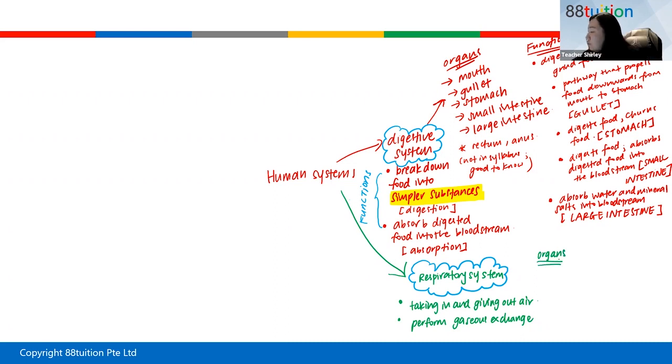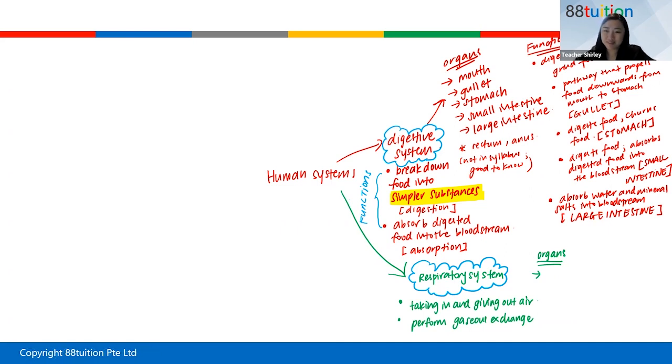Okay, we do have a few. Anybody wants to name it? Ariano, what is an organ that belongs to your respiratory system? Ariano, why is it the moment I ask you a question, you muted yourself? Don't be shy.